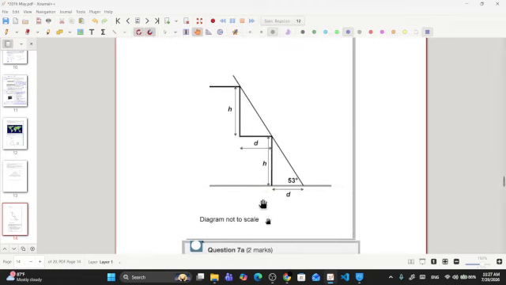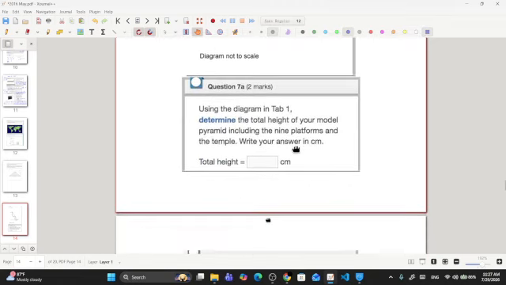So 30 meters multiplied by 100 centimeters over meters gives 3000 centimeters.